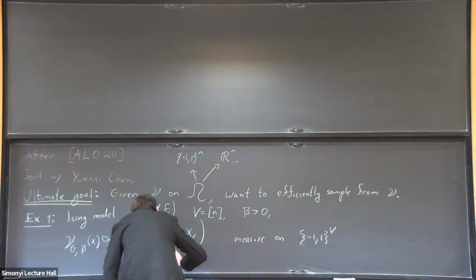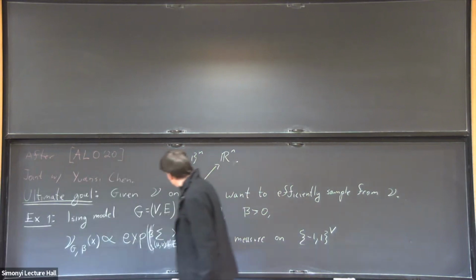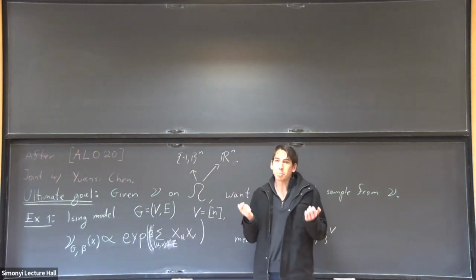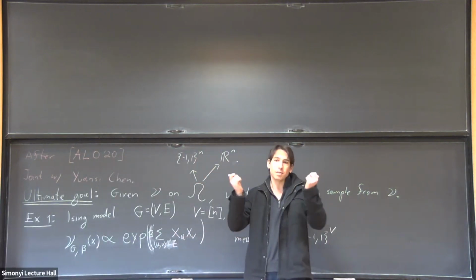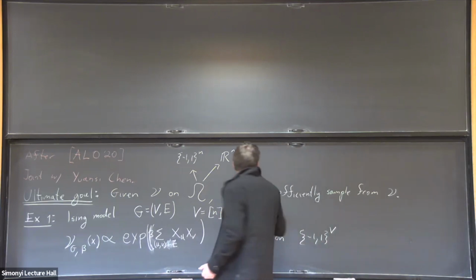So for every edge, we have a bigger measure if the two sides of the edge agree with each other.